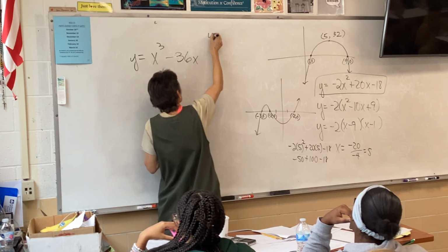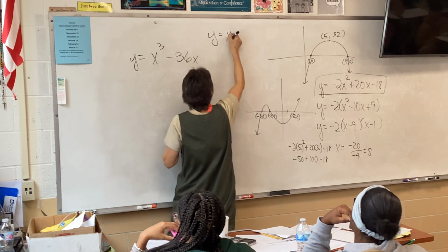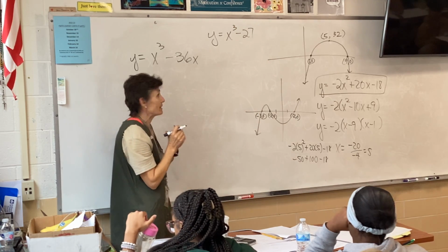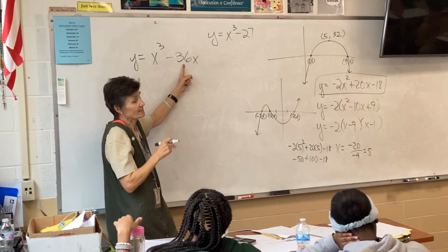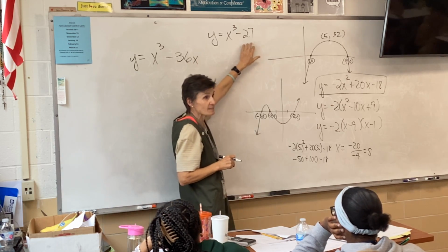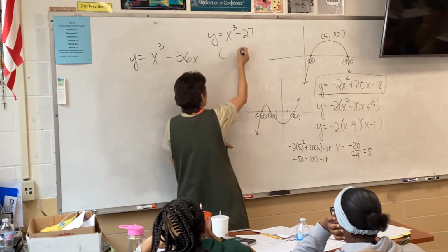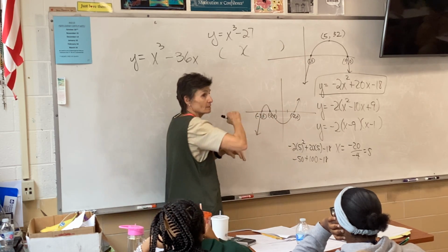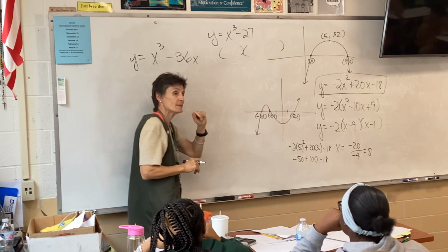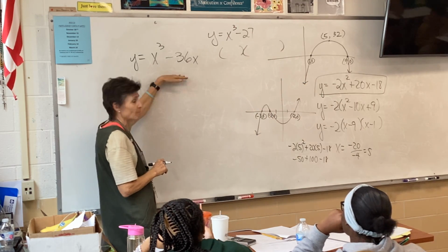No. So what you're thinking of, if we had something like x cubed minus 27, then yes, we would do exactly what you said. Same, opposite, always positive, or whatever that acronym is. Yes, that's right, but not for this one.